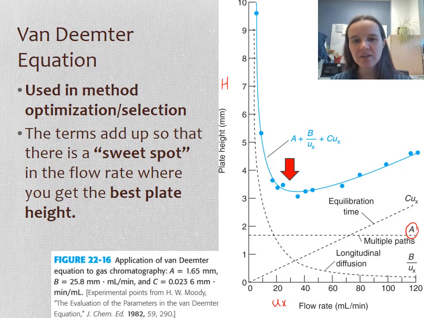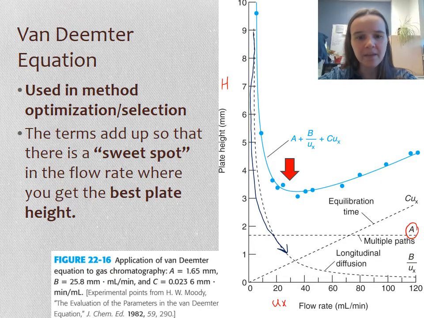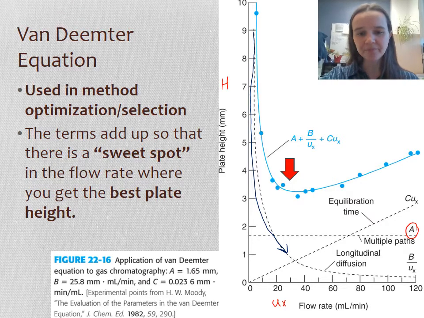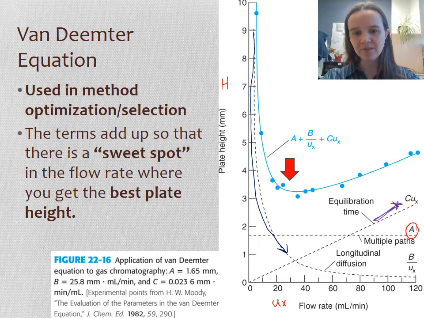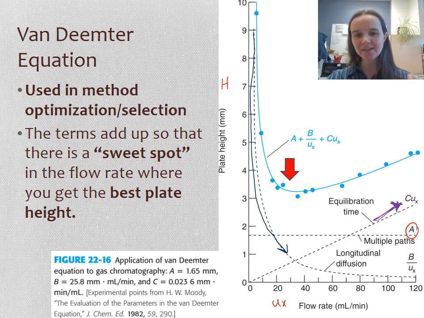Because the B term is divided by u_x, it's something that starts nice and high. Well, not nice, you don't want it to be high. And it goes down, and as flow rate increases, that decreases. The C term is something that's proportional to flow rate, and so it actually increases with flow rate, and that's this part up here. Now, all 3 of these combined come together to give you the actual plate height that you see. And so you have to add these things up.